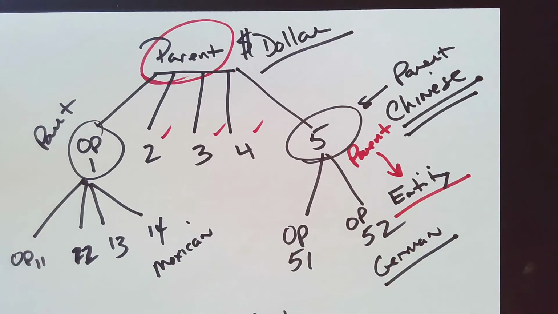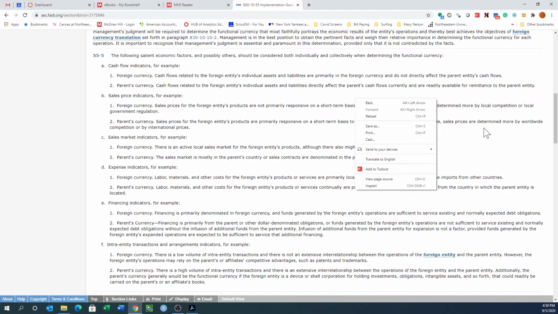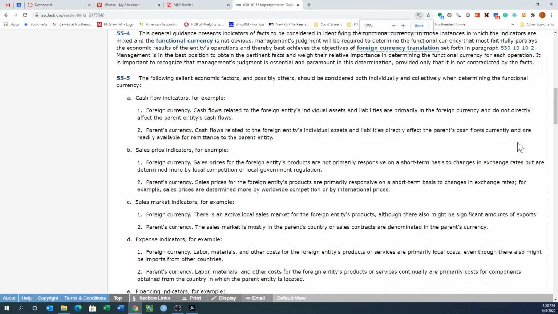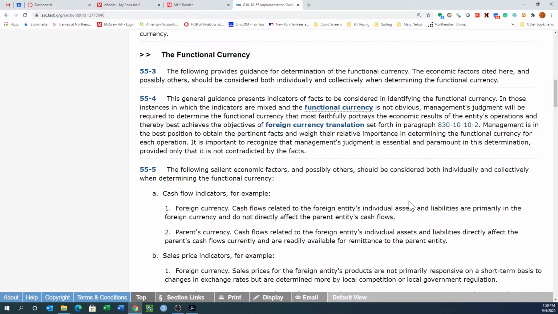Let's go back to the guidance here, and specifically look at the idea of cash flows. Let me increase how big this is so we can take a better look at it. There we go.